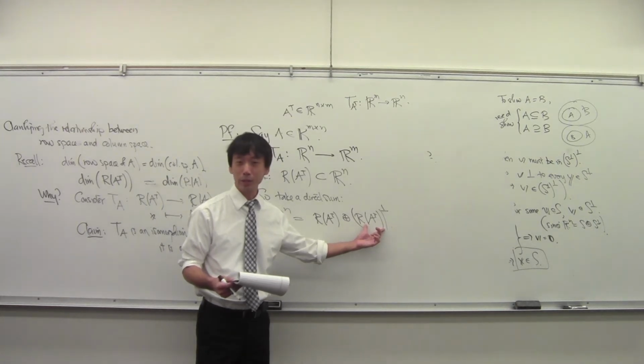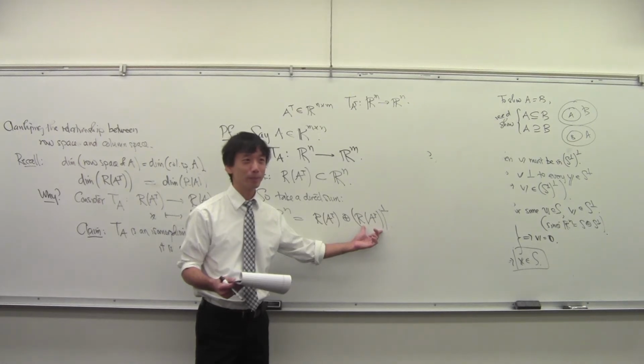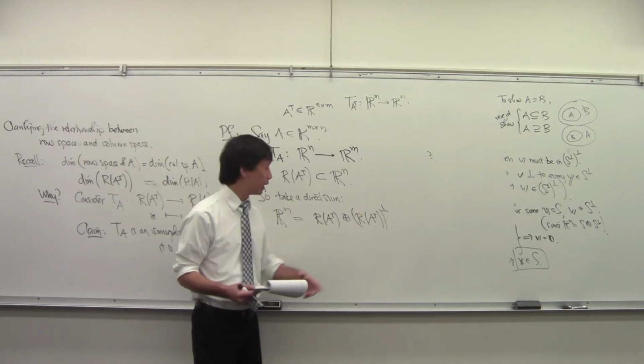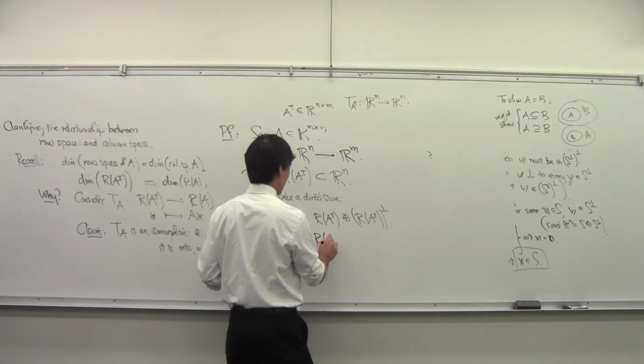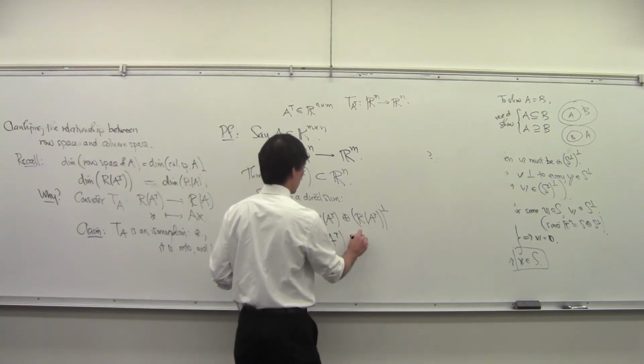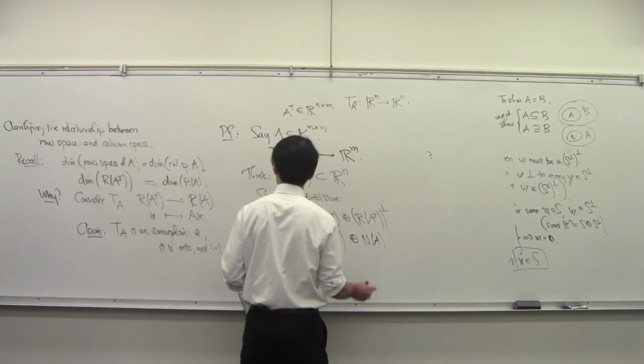You know something about RA transpose perp: the orthogonal complement of the range of the transpose. Is it the null space of A? It's the null space of A by the fundamental subspaces theorem. We've seen this before. So this is actually the null space of A.